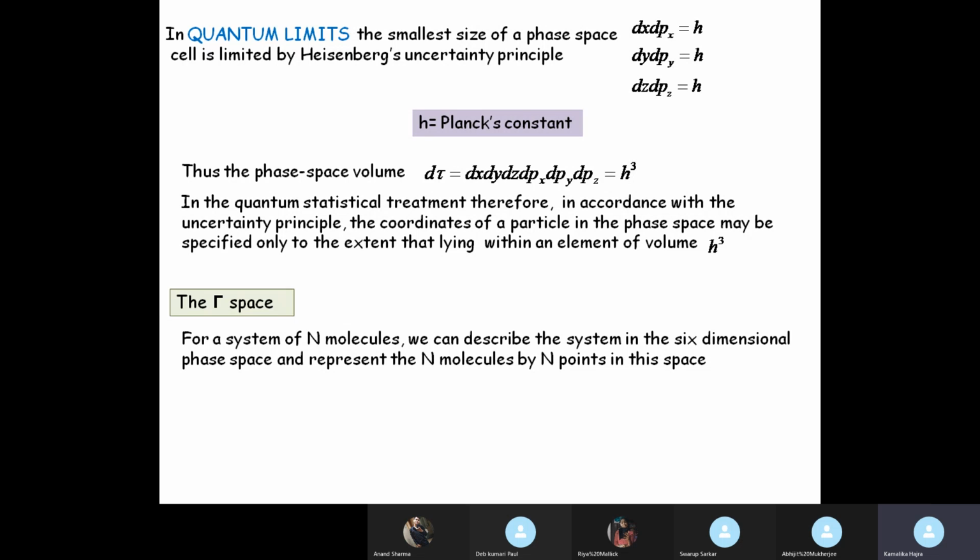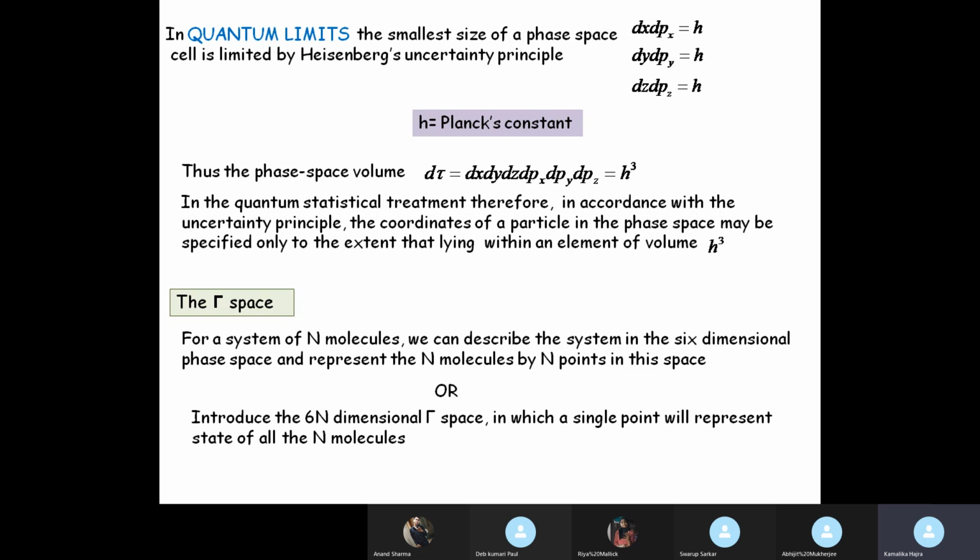For a system of N such molecules, we can describe the system in the 6-dimensional space, where N molecules will be given by N positions in the phase space, right? Or we can define a new space which is 6N dimensional, and then a single point will give you the state of all these N molecules. We will not use the gamma space much, but this is another way of representation.